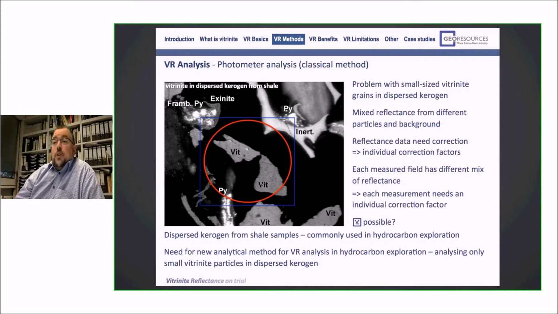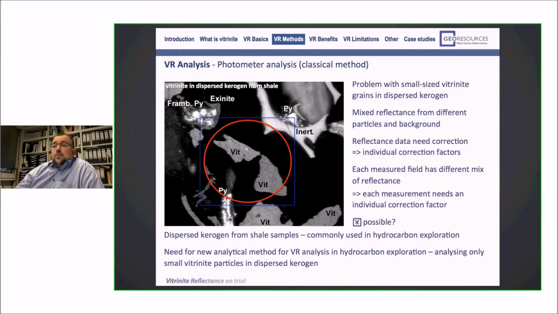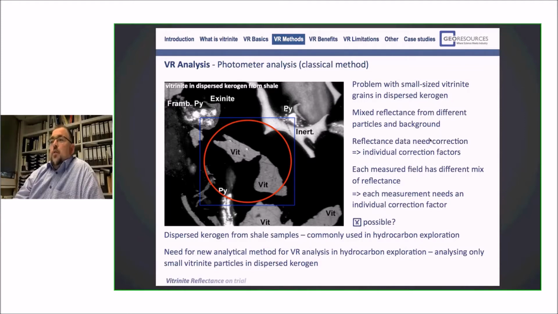So it's not only the vitrinite reflectance that is given with this measurement, it's a whole mix of these different materials in the measuring field.